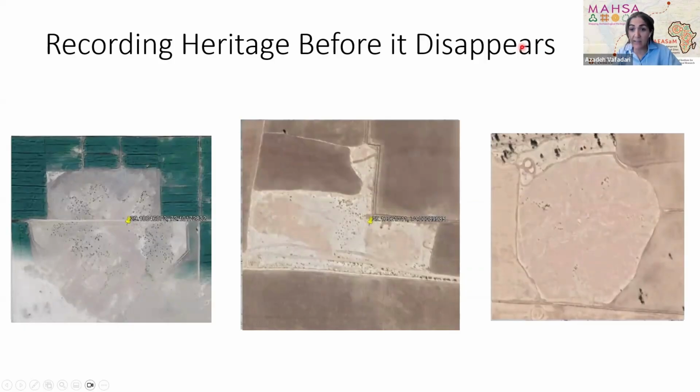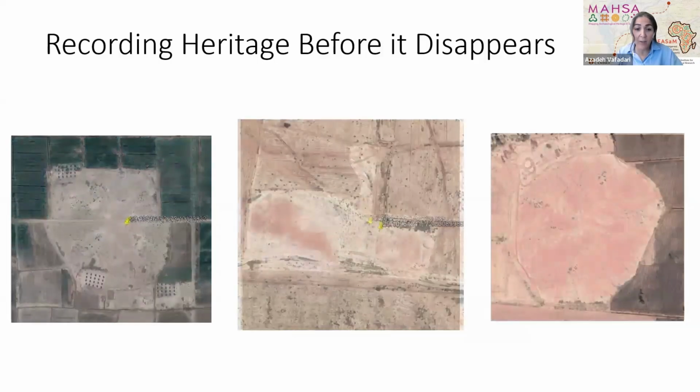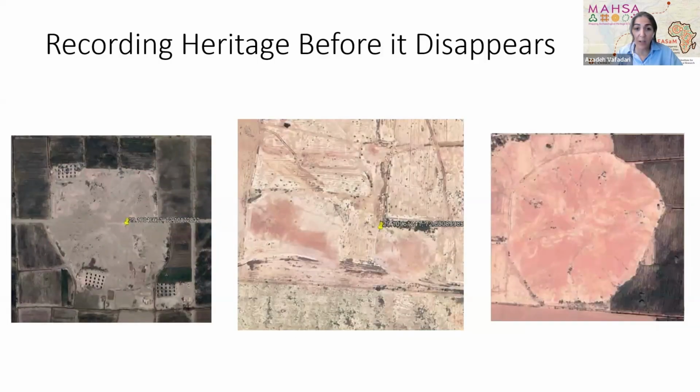This is in an area under rapid conversion of previously desert land to cultivated land, especially in the period from 2020 to 21, as we could see when we looked at satellite imagery. It's likely that in the next few years this and many other sites will no longer exist. So what we're trying to do is document them before they disappear.